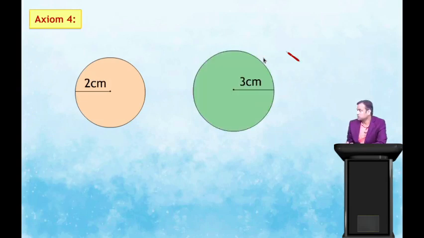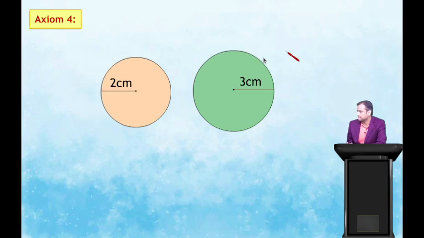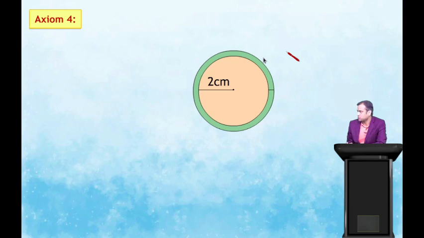Now another axiom 4. Now we have two circles. First is shorter and another is bigger one. So if we check, these are called the concentric circles.